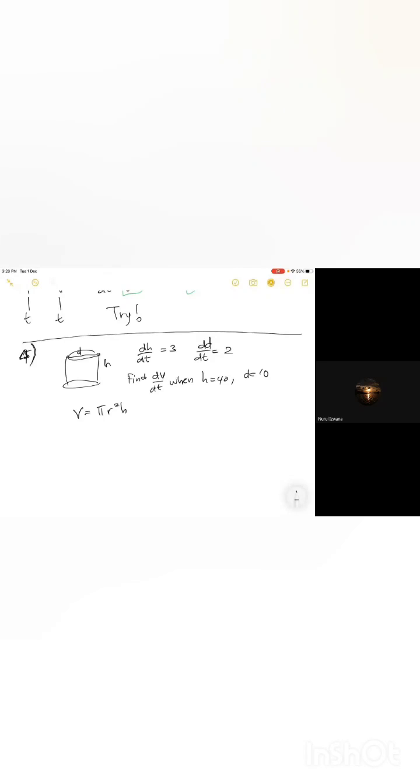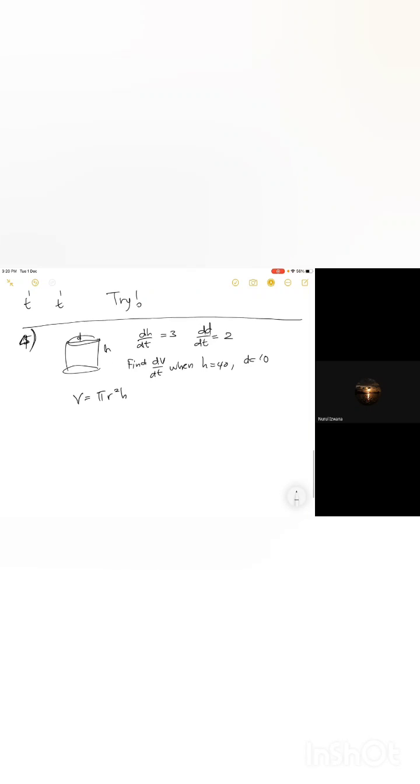The information given is in terms of diameter, so you may change your equation into diameter, or change this into radius: if dd/dt equals 2, then dr/dt equals 1. If d equals 10, then r equals 5, because you know that d equals 2r.